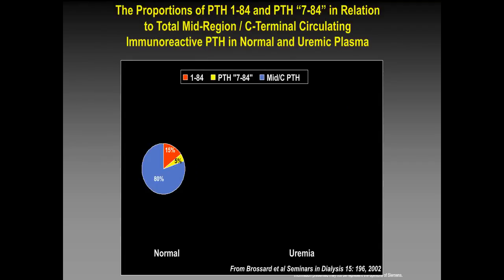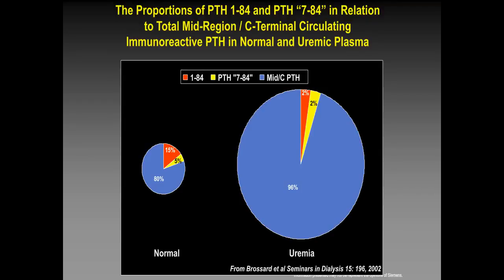And the complication occurs in patients with kidney disease because, unlike the situation in the normal patient, where there's a relatively low amount of this PTH 7 to 84 family, shown here in the yellow slice of pie, in chronic kidney disease, where all these fragments accumulate, the proportion of the 7 to 84 fragment to intact PTH can become approximately equal, although there's great variation on either side of this.